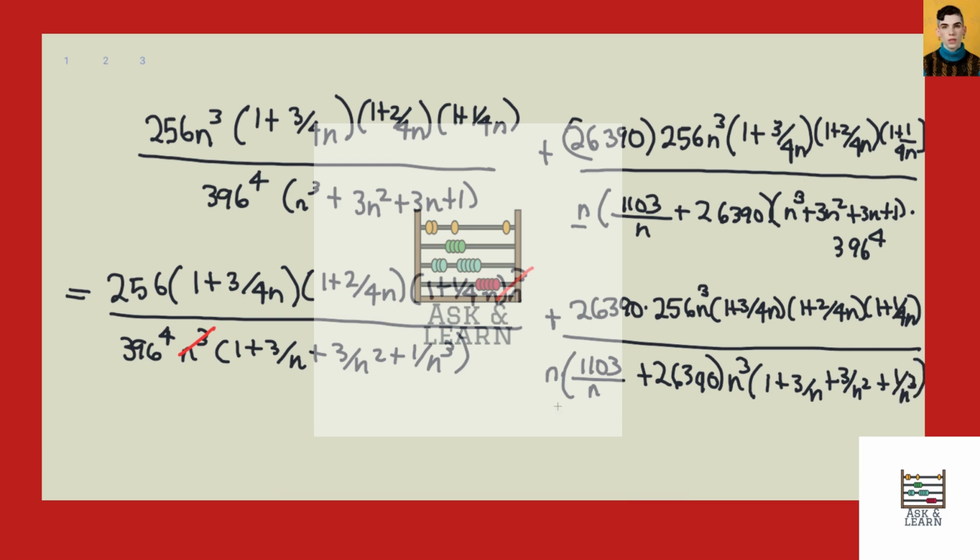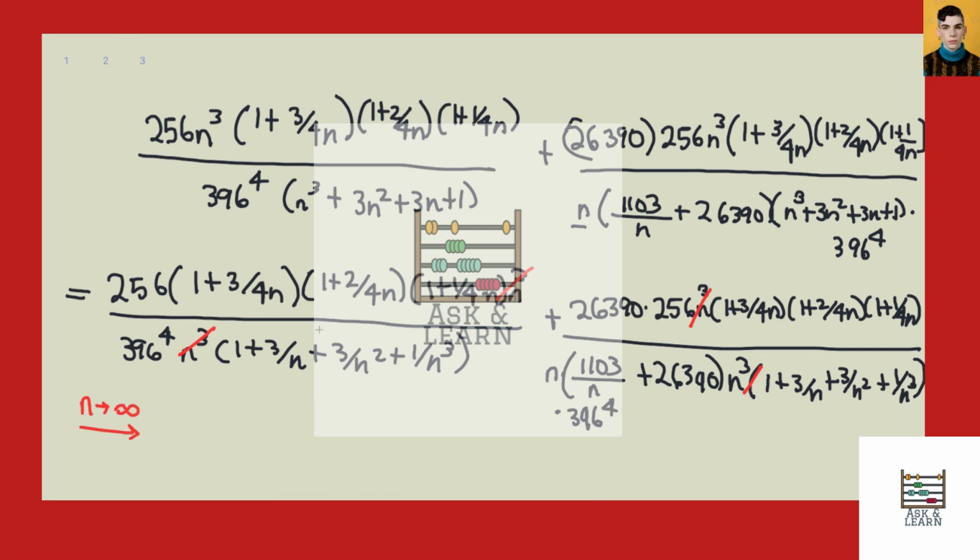Then don't forget the 396 to the 4th. So now we could cancel this. And then now we're at the point where we can go ahead and take a limit. If we take a limit as n goes to infinity and see what we have left over.